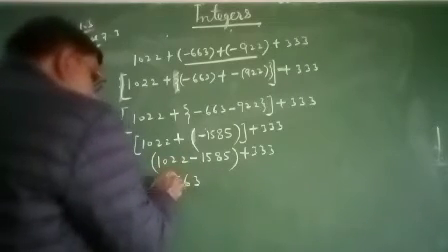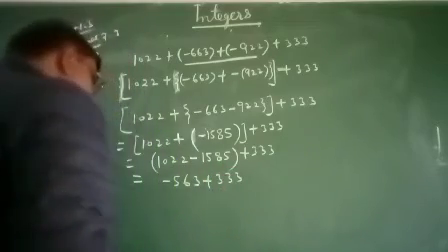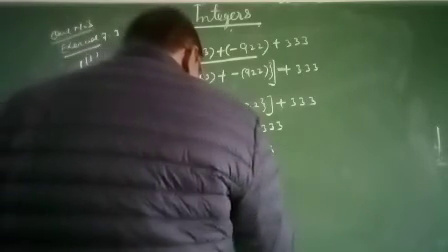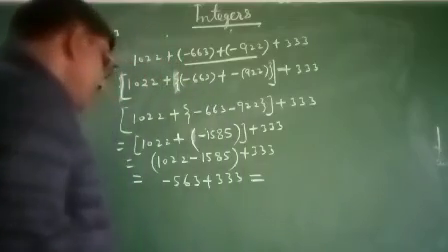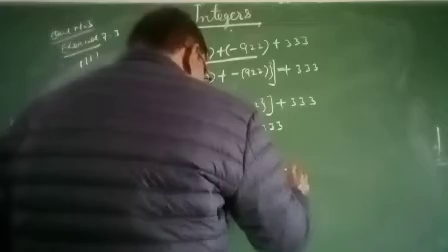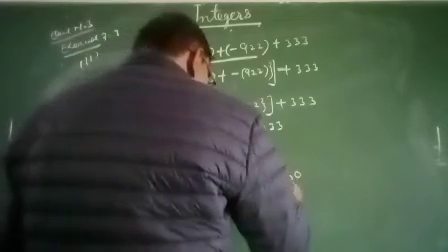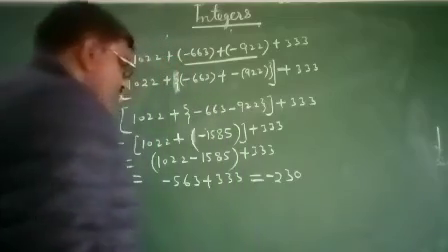So it will be minus 563 plus 333. Now 3 minus 3 will be 0, 6 minus 3 will be 3 and 5 minus 3 will be 2, and it will be minus 230.